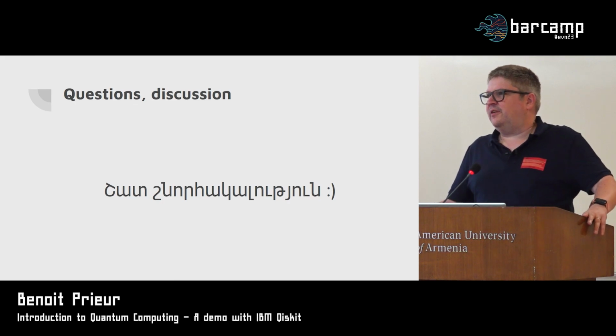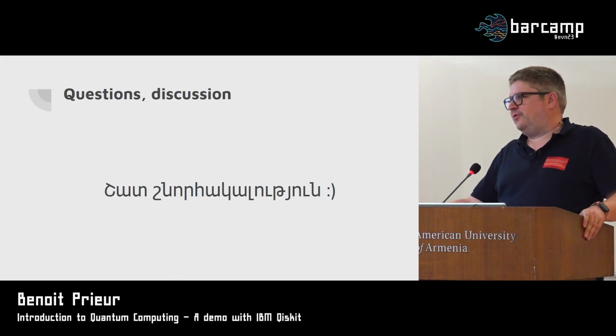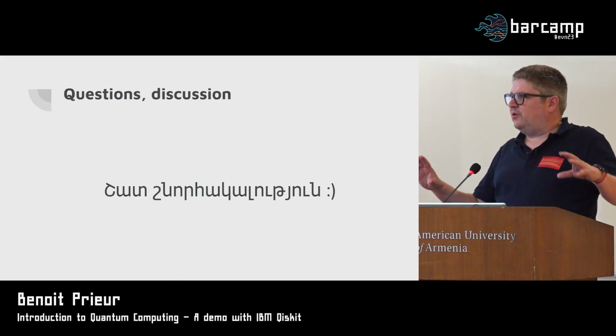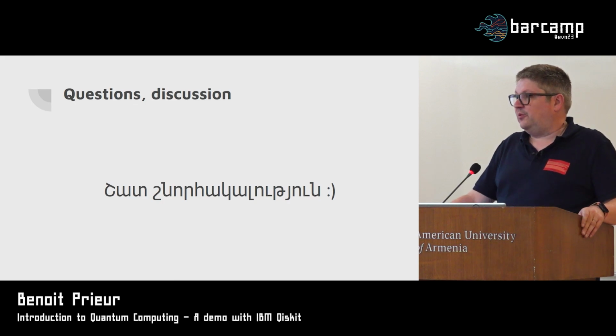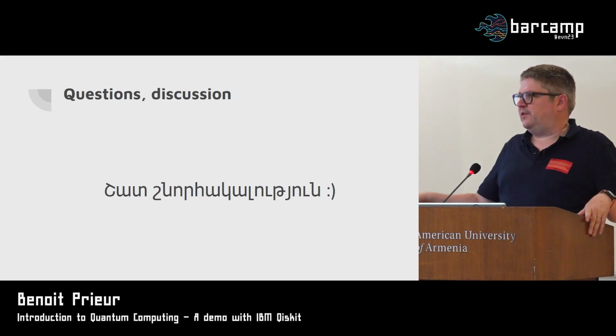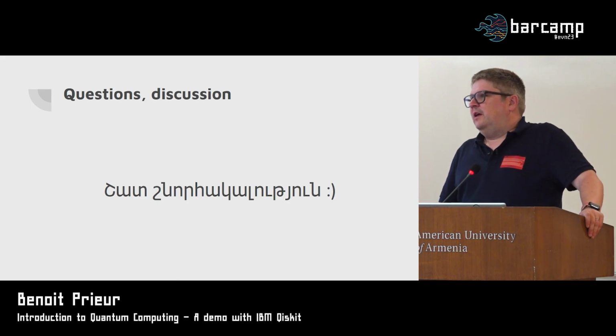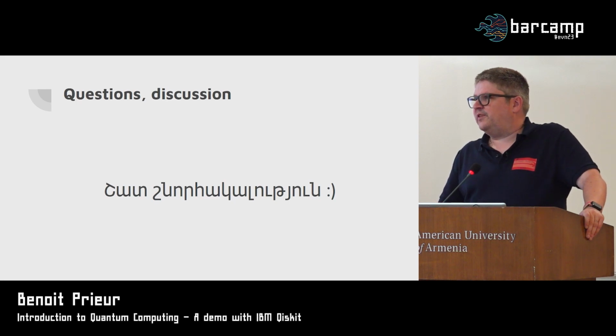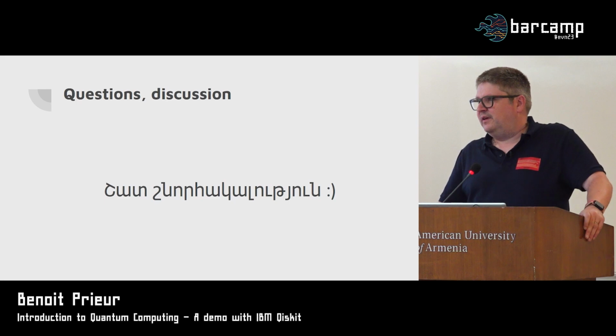Actually, there are a lot of answers to your question. First, on real quantum computers, it's still in the field of research. For example, the real computer from Google in 2019 was 40 qubits. There was a problem with 1 qubit.